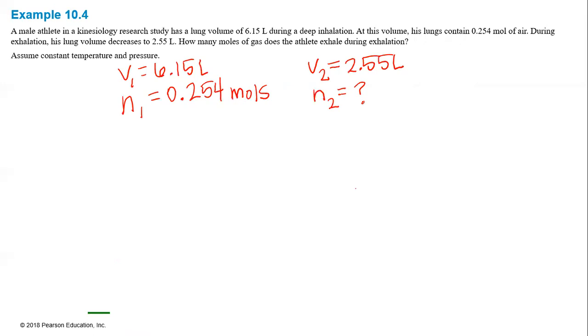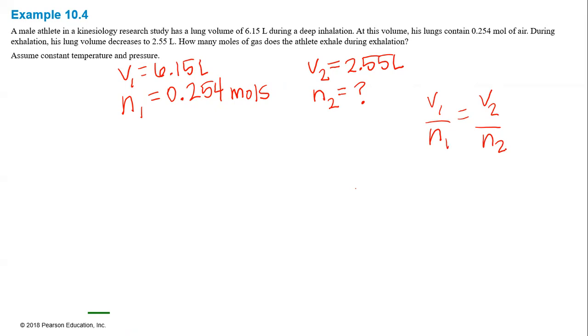Remember, in Avogadro's law, volume and number of moles are directly related. The equation is V1 over N1 equals V2 over N2.